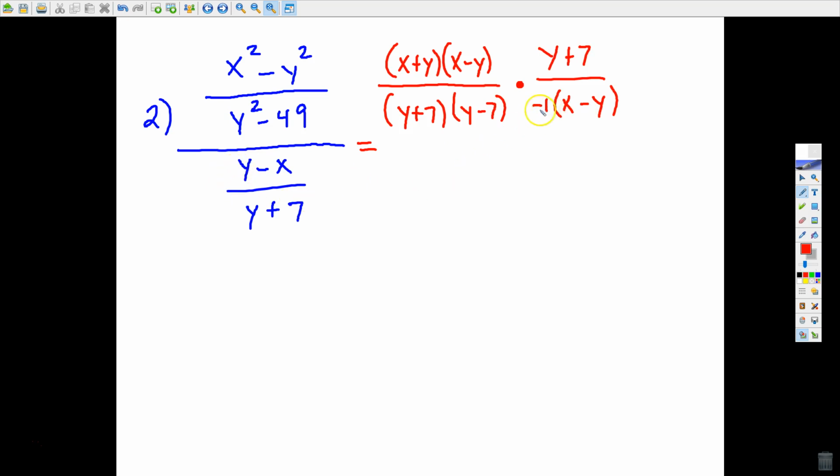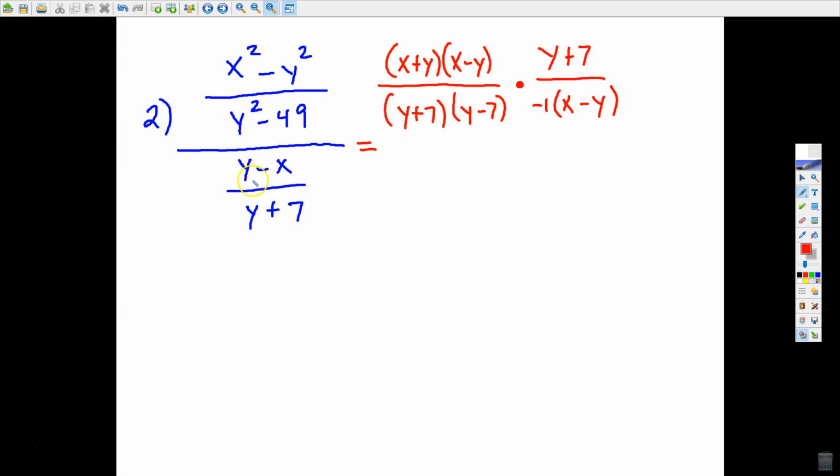Okay, so by factoring out negative 1, I can turn these terms around. It's still equivalent because negative 1 times x is negative x, negative 1 times negative y is positive y, but now it's written in a form where I'm able to cancel factors.